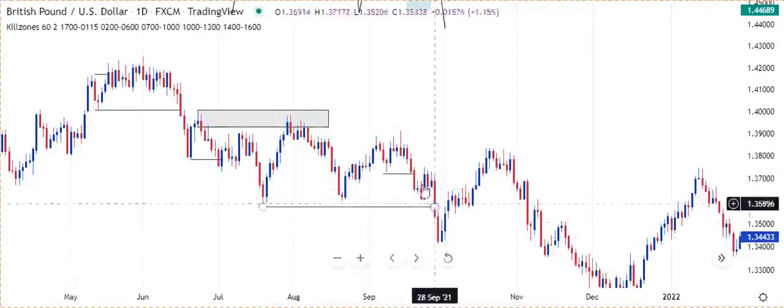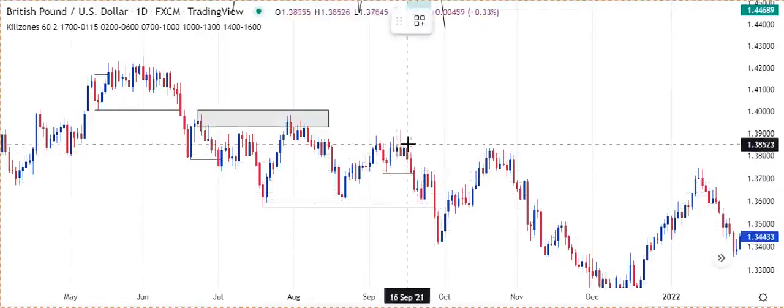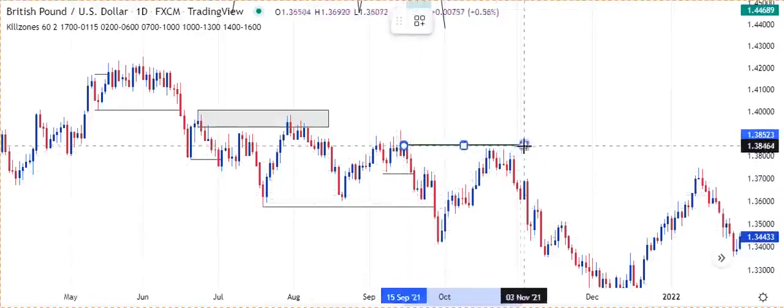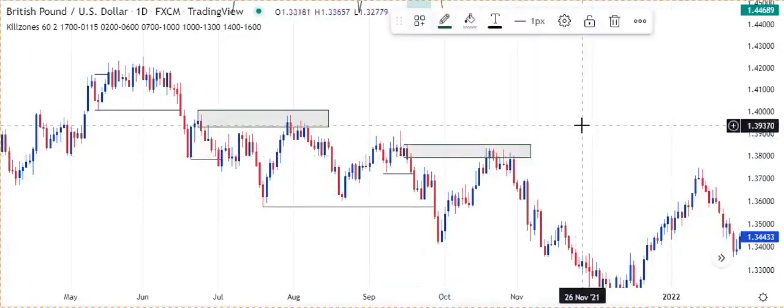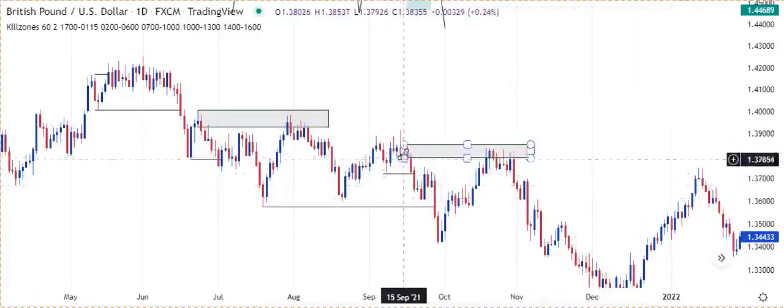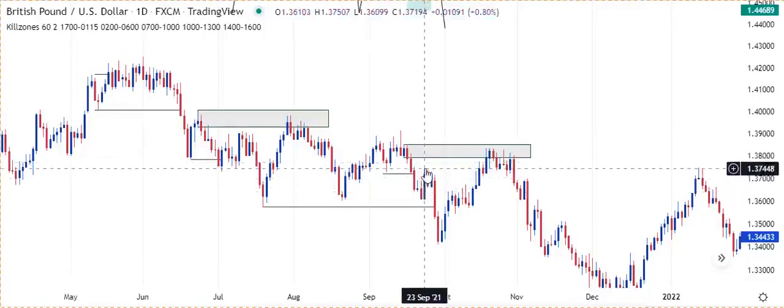Now this is your OB here. It's as simple as that, guys. This is your OB here, isn't it? Now, as you can see, after breaking this internal structure, price came down, pushed up to confuse the retail traders that price was going higher. Take a look at the volume of this blue candle.